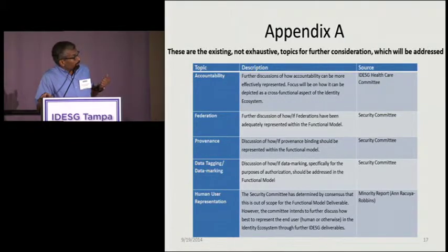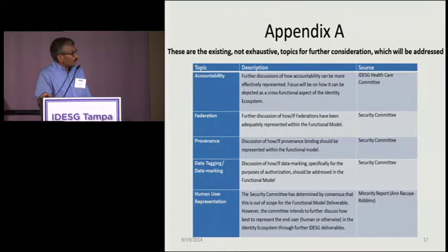Items like federation, I think probably federation is not captured in the functional model, but it should be. We need to do that. Provenance similarly has been brought up as to whether it probably needs to be mentioned in the functional model, but it definitely needs a discussion, right?